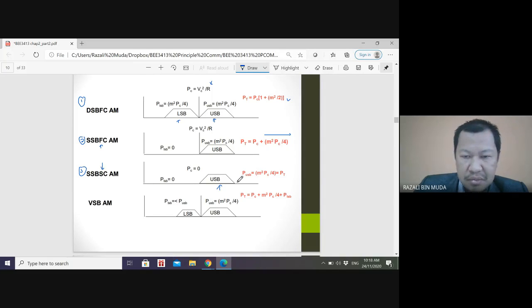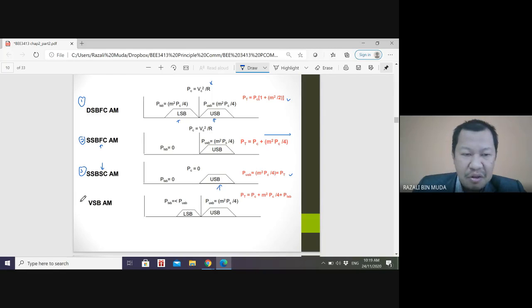The total power equals the power of the upper sideband or lower sideband, m square PC over 4. So basically all the power transmitted is the useful signal having information; you remove all the parts that are not useful.